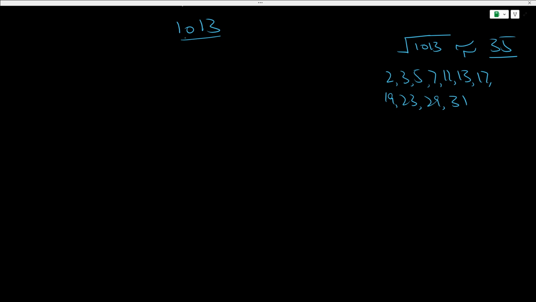We will divide 1013 by all these numbers, and if any of these numbers divides 1013, then we will say 1013 is a composite number. Otherwise it's a prime number. So we will start by dividing by 2. For 1013, the last digit is 3, odd, so this number cannot be divided by 2.